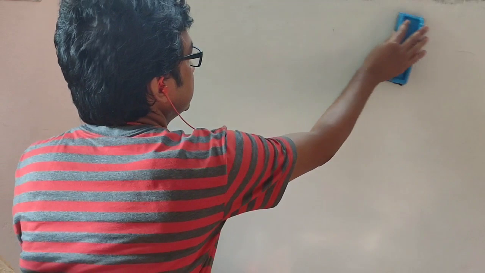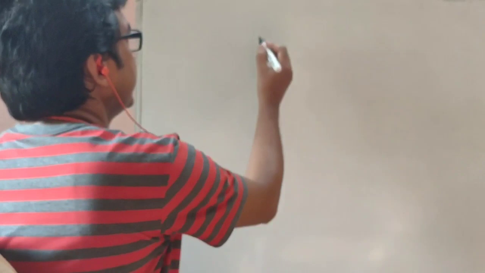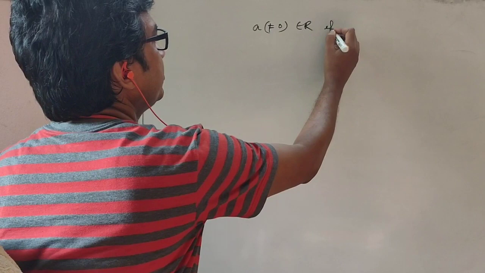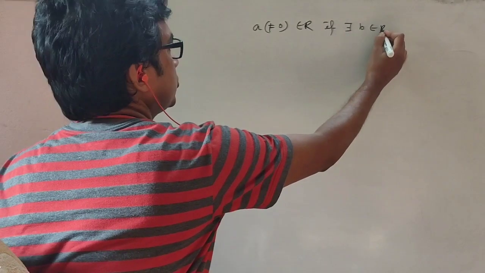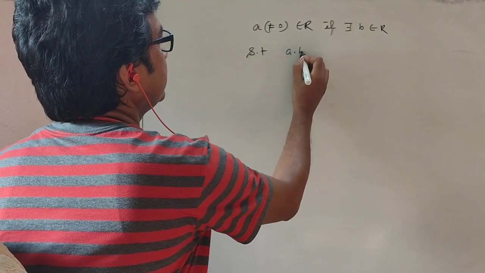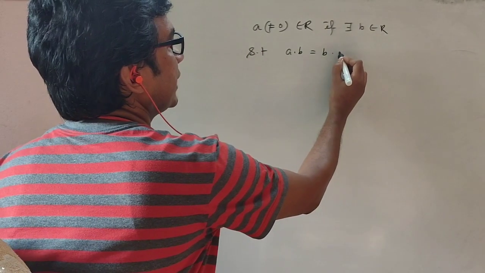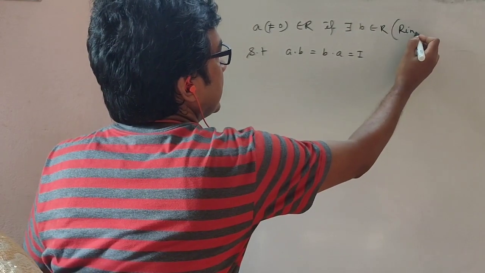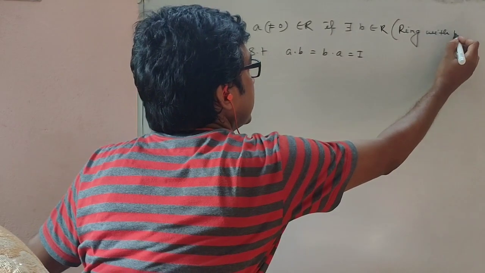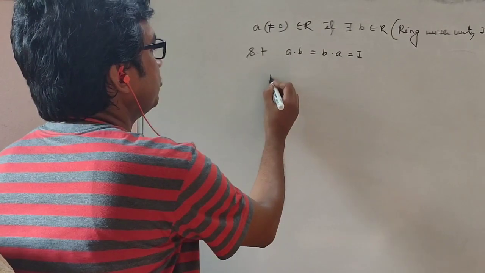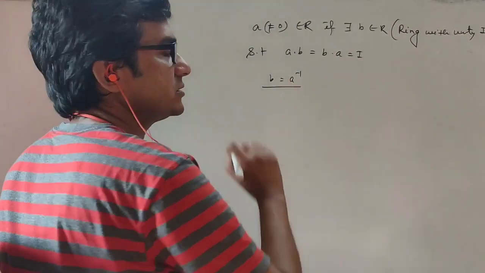A non-zero element A in R, if there exists B belongs to R such that A dot B equal to B dot A equal to I, where R is a ring with unity I, then B is equal to A inverse.